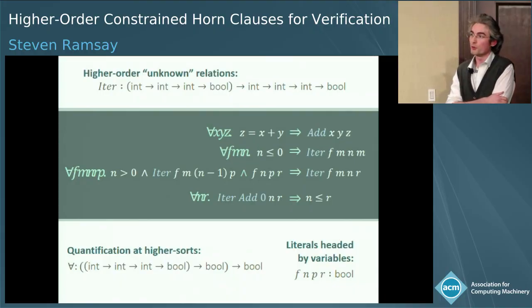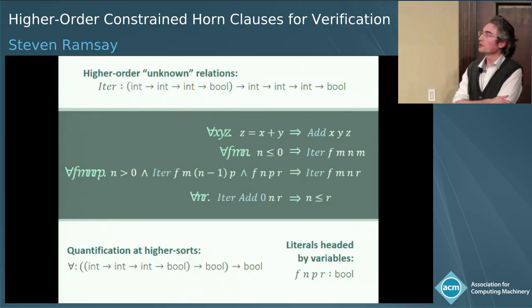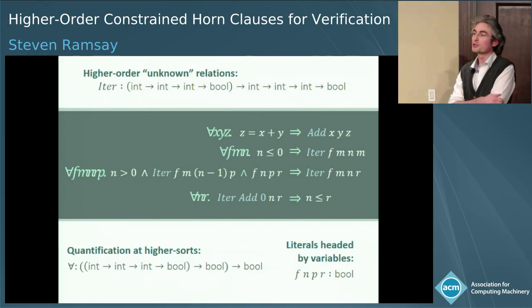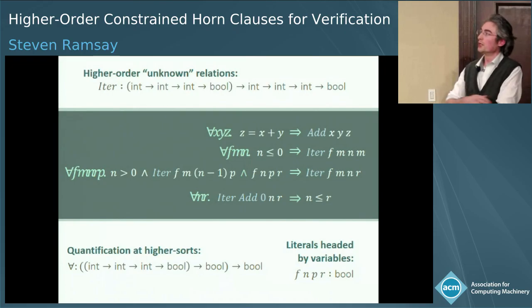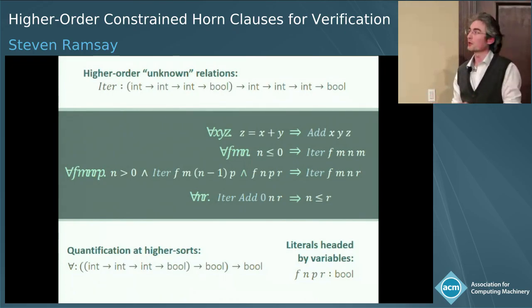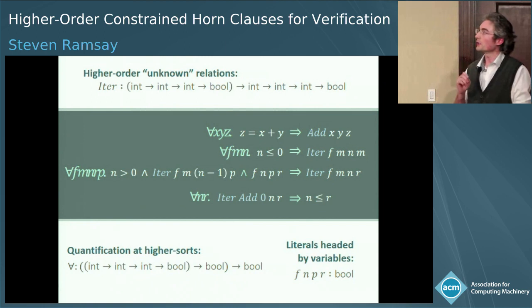So I'm not going to give a formal definition, but I hope you can recognize the constrained horn shape of these clauses. If you're not familiar with the constrained part, it comes from, for example, constraint logic programming, because these clauses are typically going to be formulated over some background theories, so they may contain atoms from the background theories.